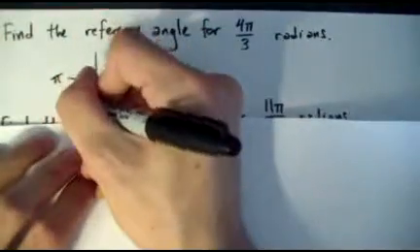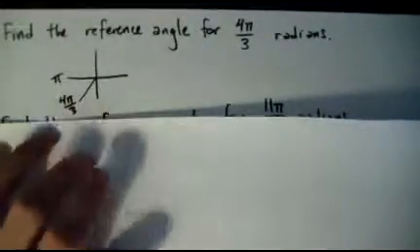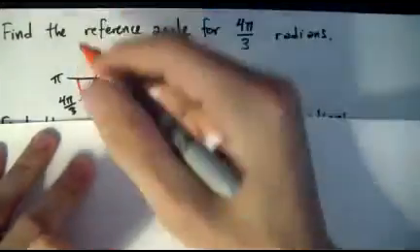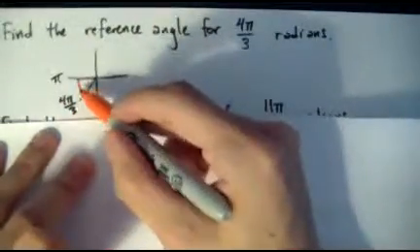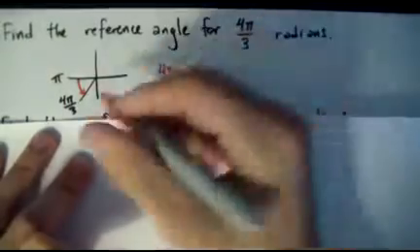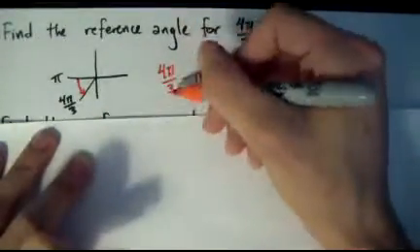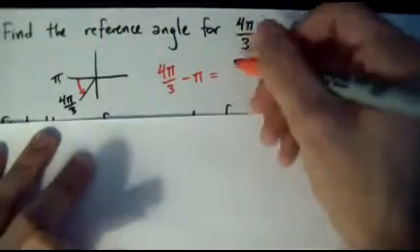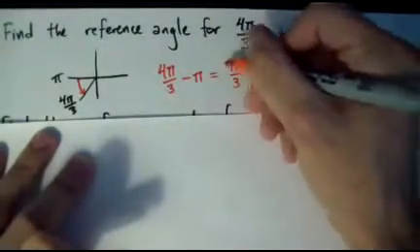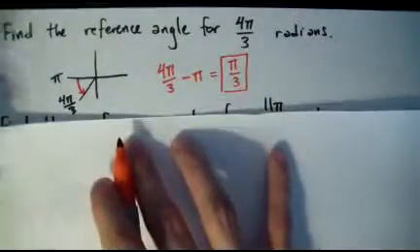Our reference angle is going to be the acute angle formed between 4 pi over 3 and horizontal. That difference is 4 pi over 3 minus pi, which is 4 pi over 3 minus 3 pi over 3, which is just pi over 3. So that is our reference angle for 4 pi over 3 radians.